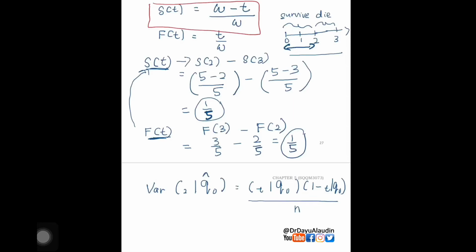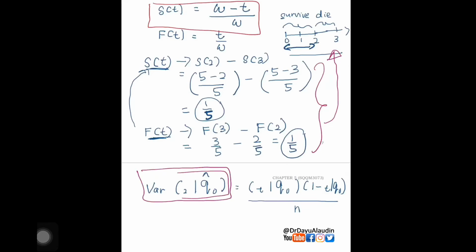This one, if we use S(t), and this one, if you use F(t), when you are looking for this conditional probability, it becomes this when we illustrate it on a timeline.